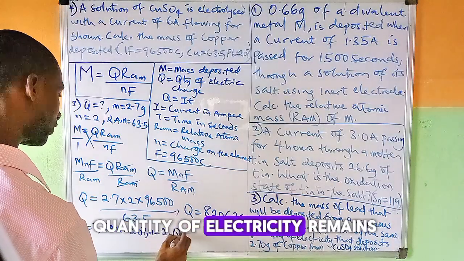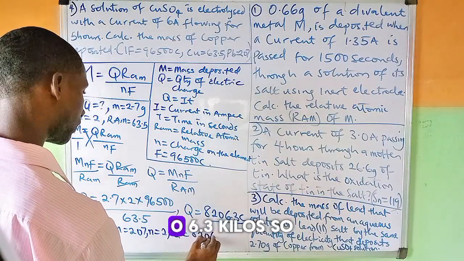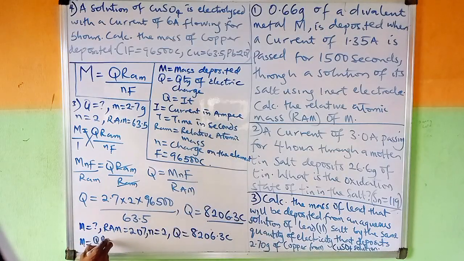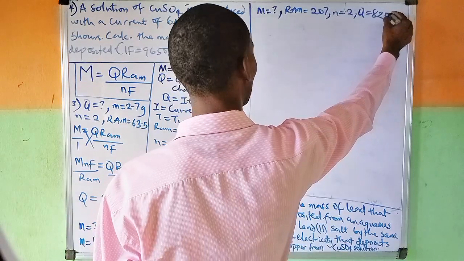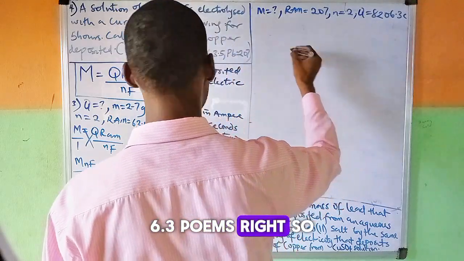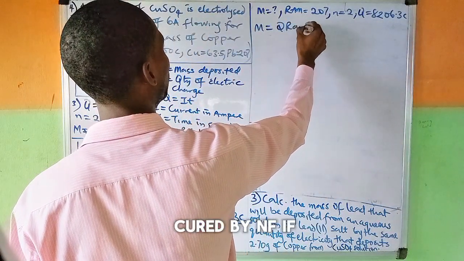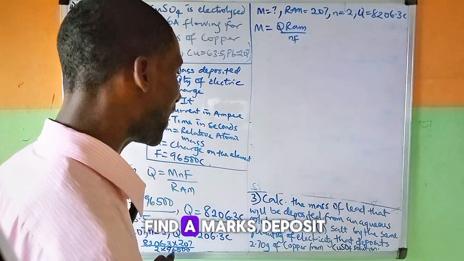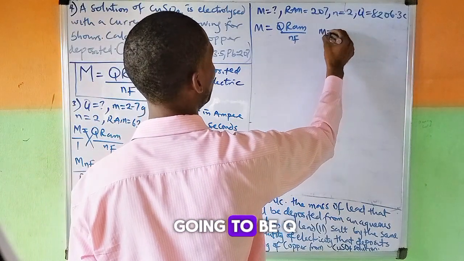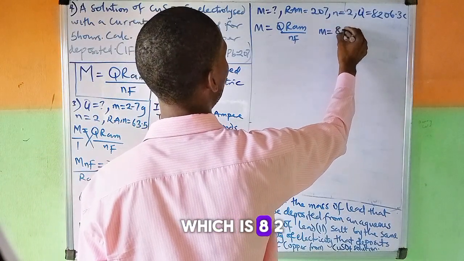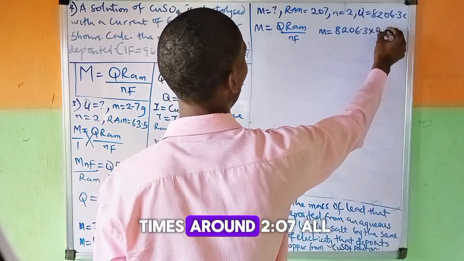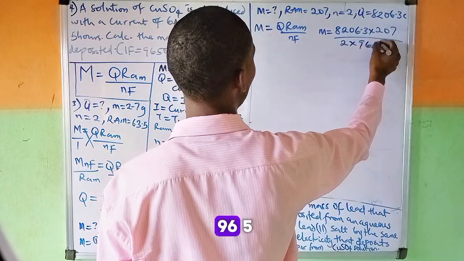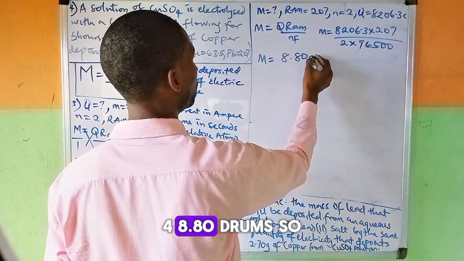And of course the quantity of electricity remains the same here, 8206.3 coulombs. So we are asked to find the mass. M equals Q times RAM over N F. So the mass is going to be Q, which is 8206.3, times the RAM 207, all over the charge 2 times 96,500. That gives 8.80 grams.